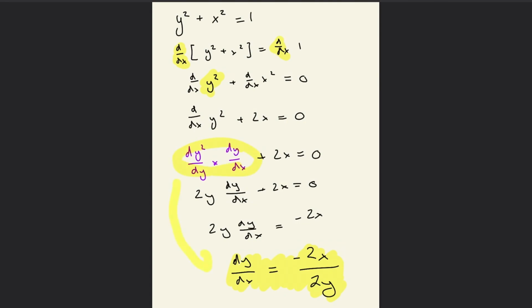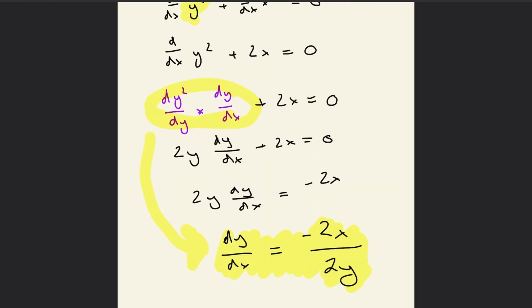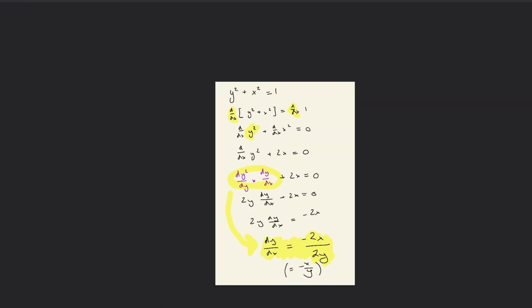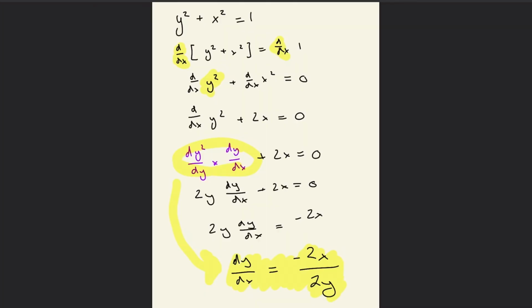And then lastly, we just simply rearrange the whole equation in order to get our dy/dx on one side. Oh, and just to mention, I forgot, this simplifies to negative x over y, by the way. Don't know how I forgot to do that, but yeah. This was a pretty simple example because we only have one y, but in the next one, we can look at when there are multiple y's and when there are y's together with x's.